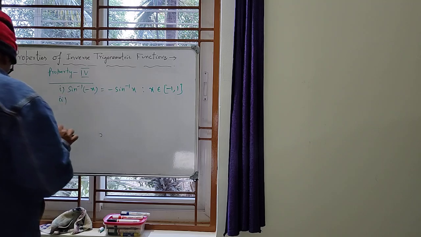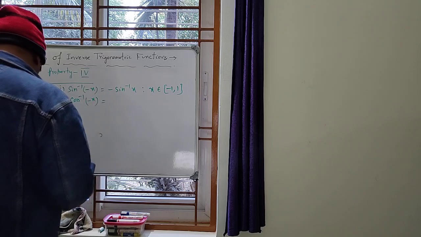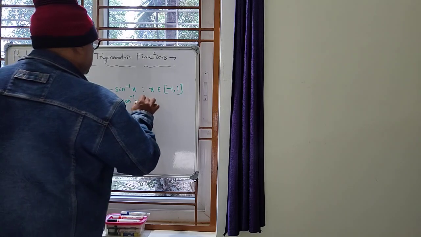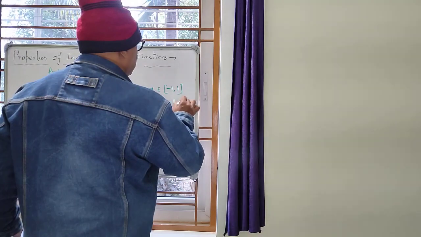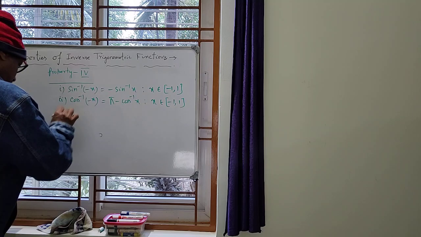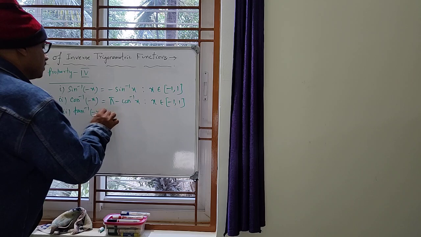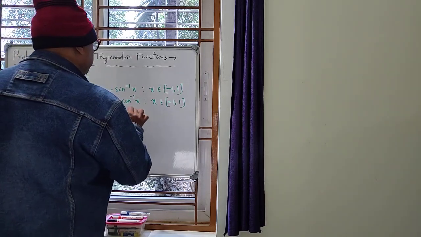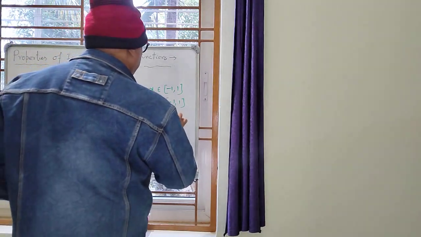Number 2, cos inverse of minus x equals pi minus cos inverse x, for all x belongs to [-1, 1]. Number 3, tan inverse of minus x equals minus tan inverse x, where x belongs to the real number set.